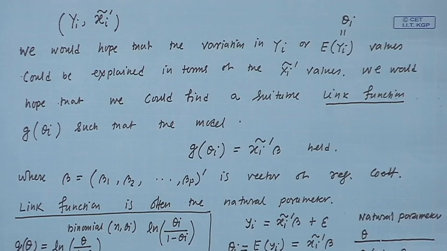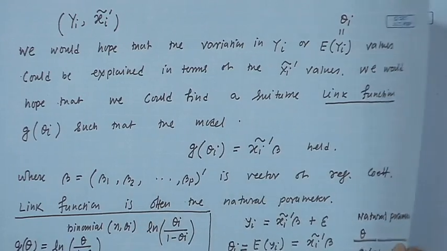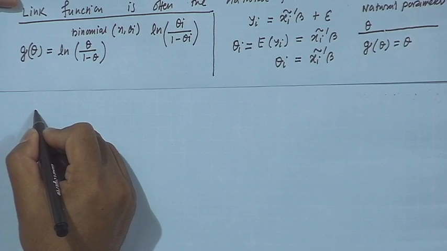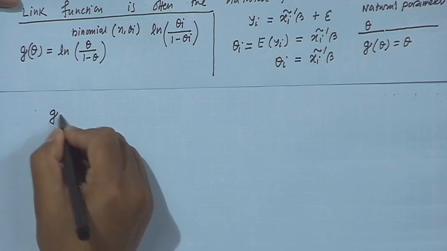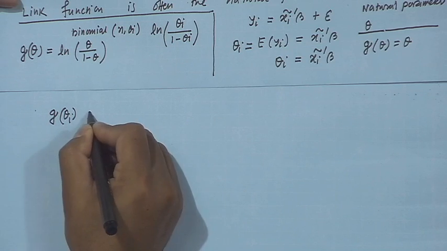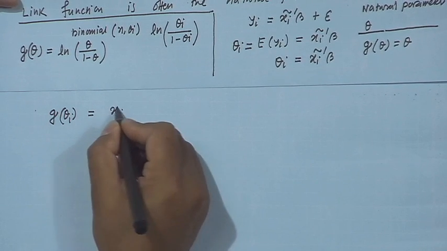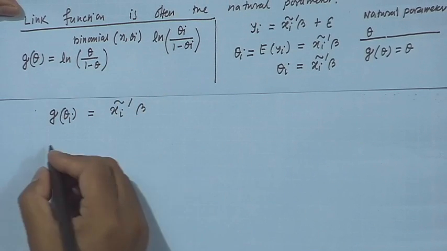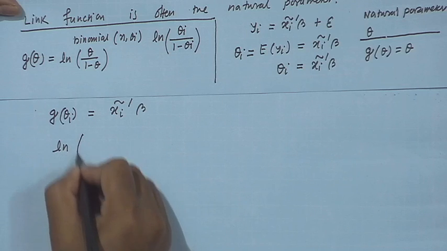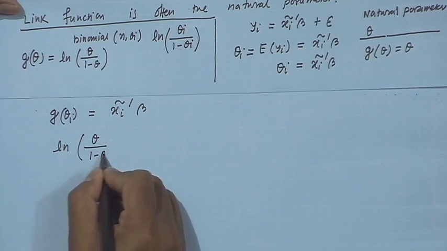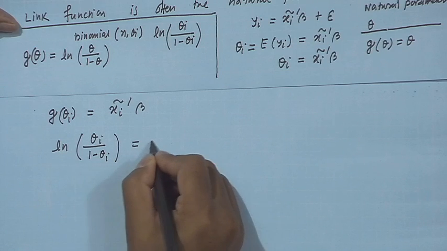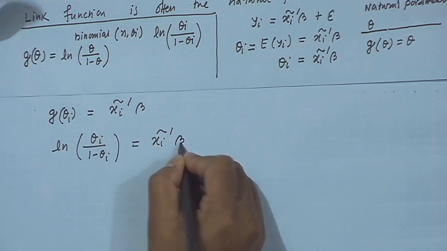In case of binomial, we will go for the model g(theta_i) = x_i' beta, and we know that in case of binomial, this g(theta) is equal to ln(theta / (1 - theta)), so ln(theta_i / (1 - theta_i)) = x_i' beta.